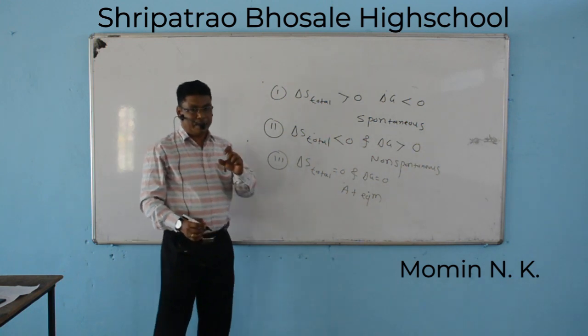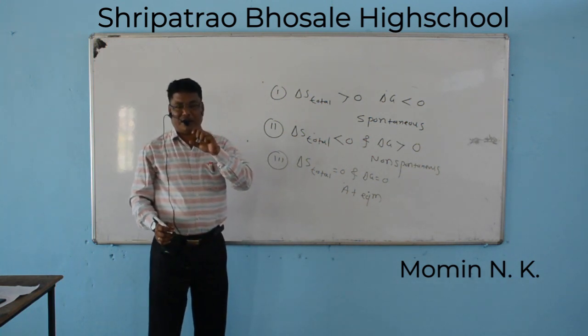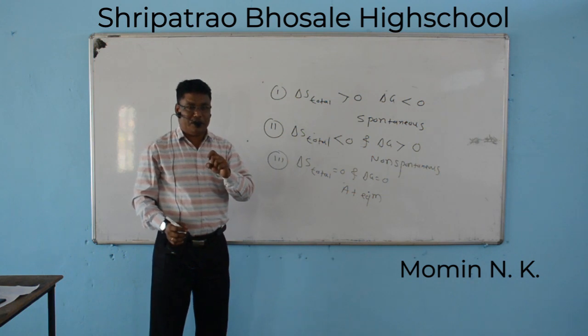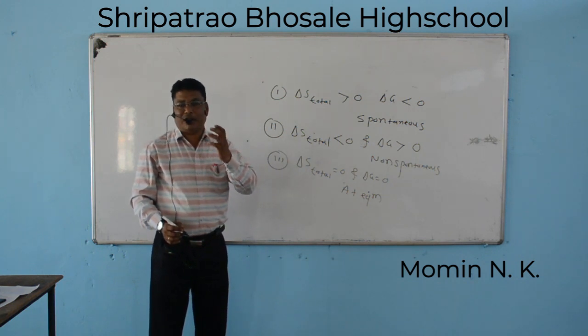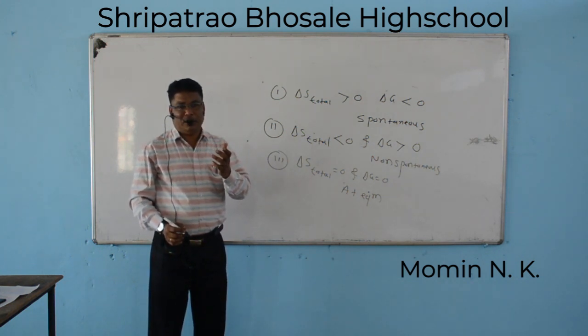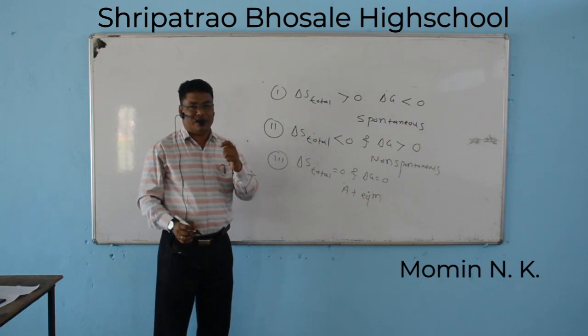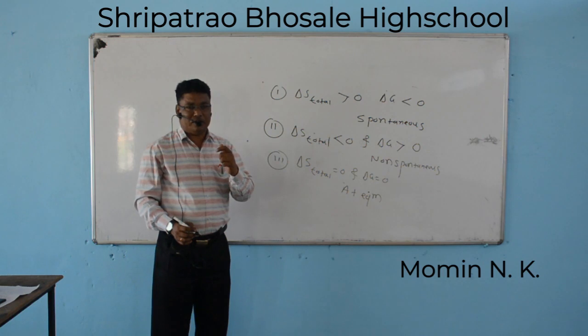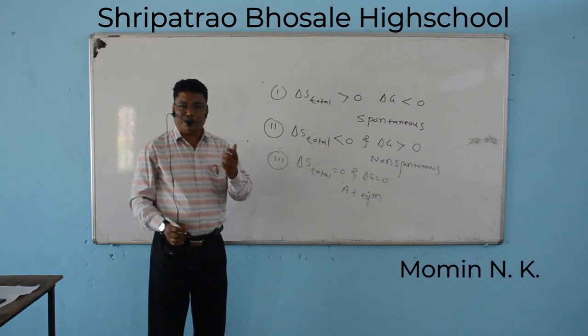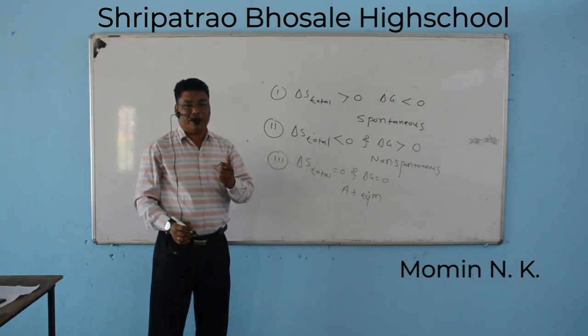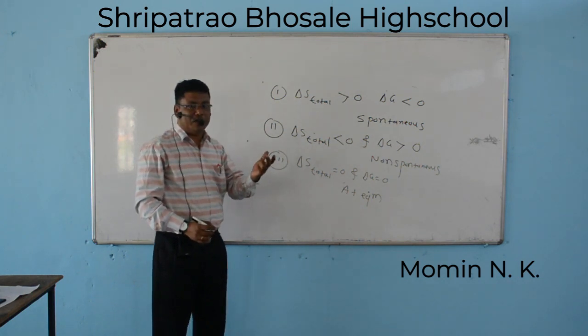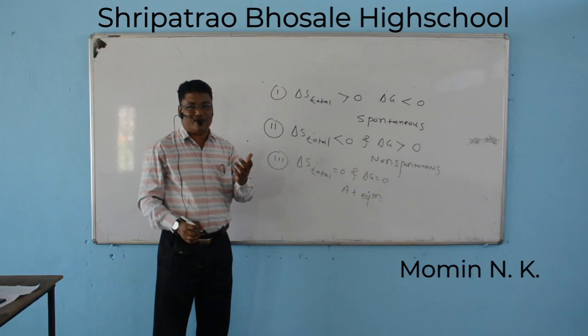So you know that when we started energy and spontaneity, what is the criteria of spontaneity? First of all, we say that exothermic reactions are spontaneous, but it is not true. It is found that endothermic reactions are also spontaneous. That's why another property developed, that is called entropy.